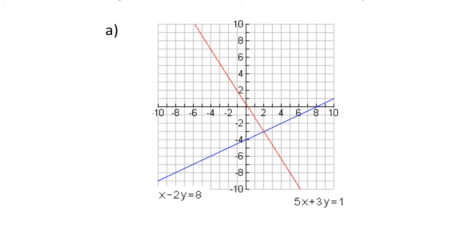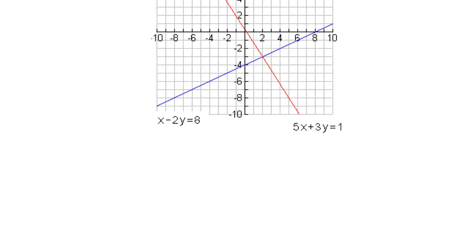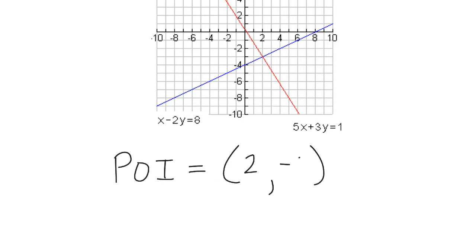So when we write our answer for our point of intersection, you can simply write POI, which stands for point of intersection, equals, we'll create a set of open brackets for our coordinate point, and then we'll put in our values of 2 and negative 3.